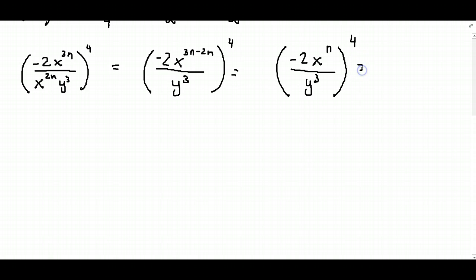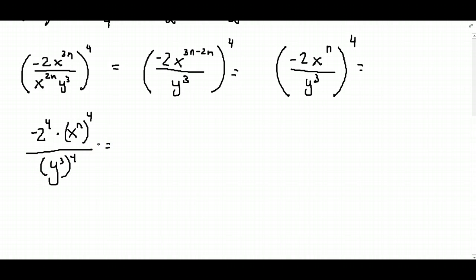And now we've simplified that, so we can go ahead and distribute this 4th power. And remember, we have to distribute the 4th power to everything inside the parentheses. So we get -2 raised to the 4th power times x to the n raised to the 4th power all over y to the 3rd power raised to the 4th power.